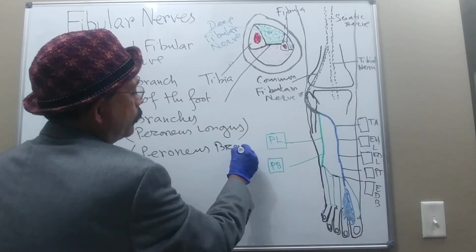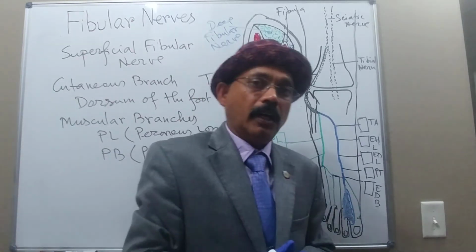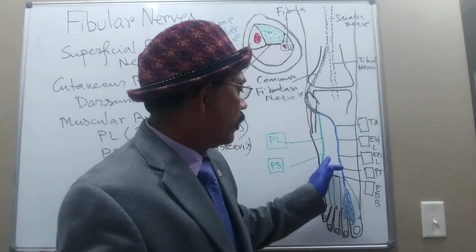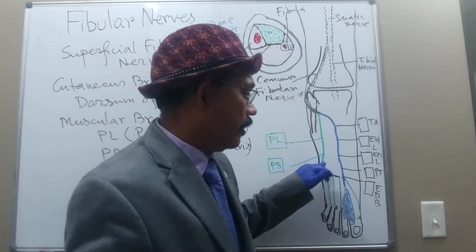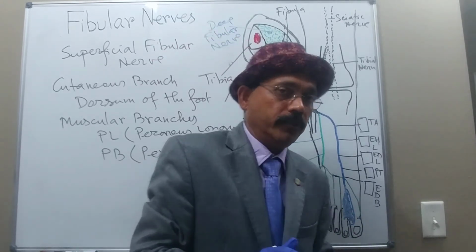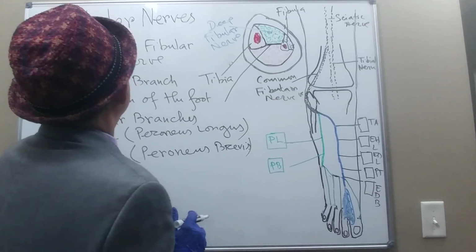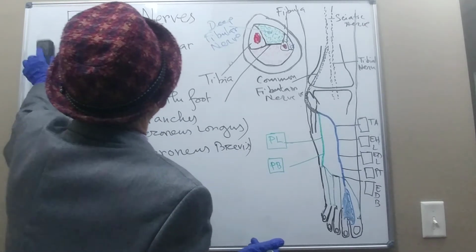Brevis means short. Okay, we got the cutaneous innervation. Articular innervation, yes, it may innervate the joint here, the lateral part of the tarsal joints. So we got the branches of the fibular nerve.